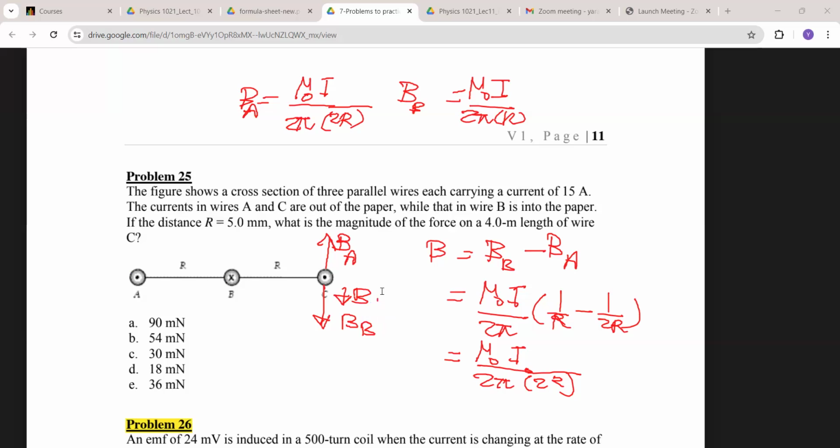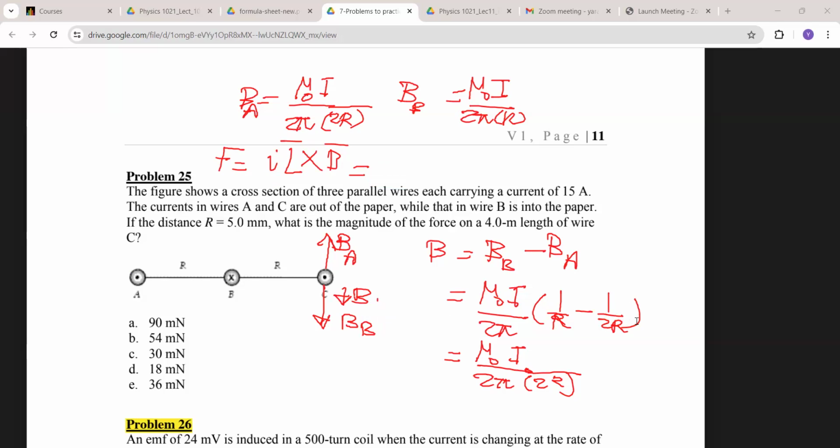And I have the current in the wire C. So F is I L cross B. The current is perpendicular to the magnetic field. The current is going outside, and the magnetic field is downward.